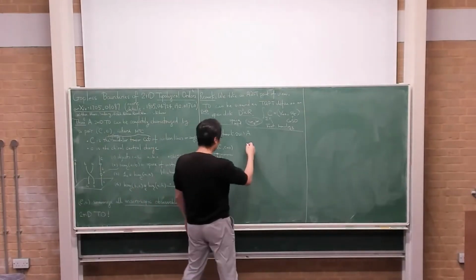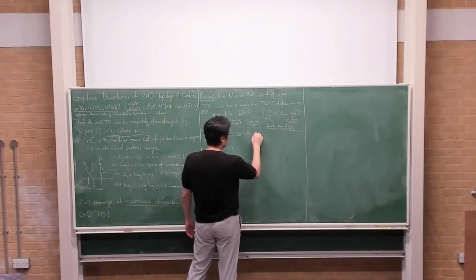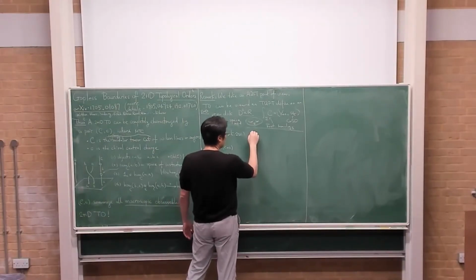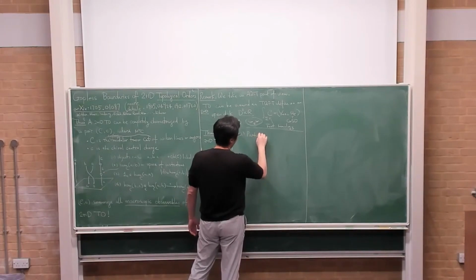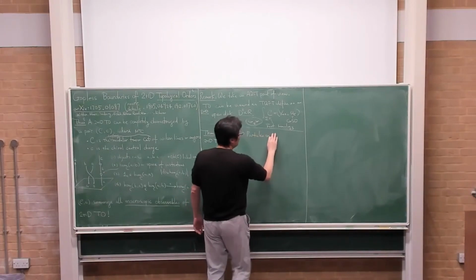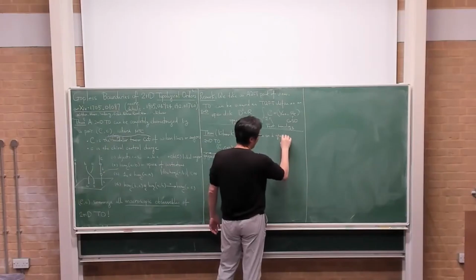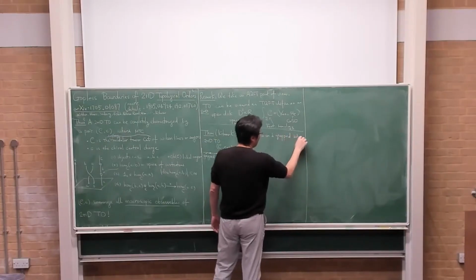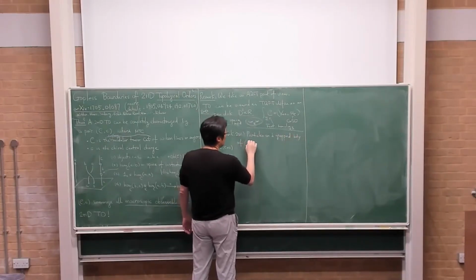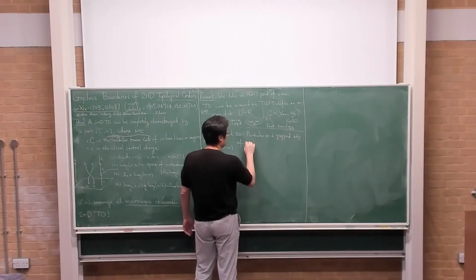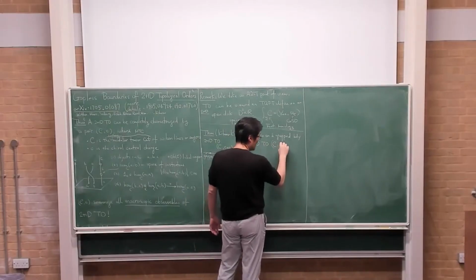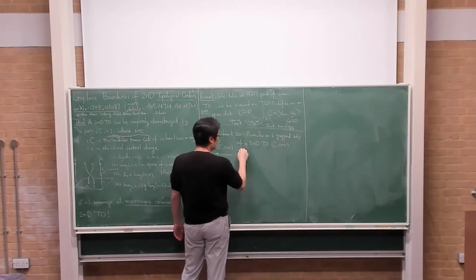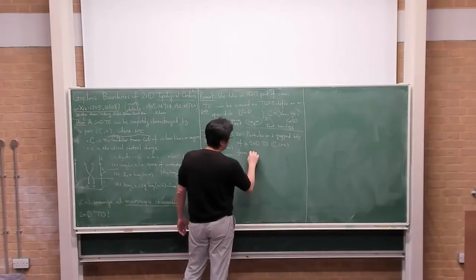The particles on a gapped boundary of a 2+1D topological order, in this case c has to be equal to 0, form a fusion category.